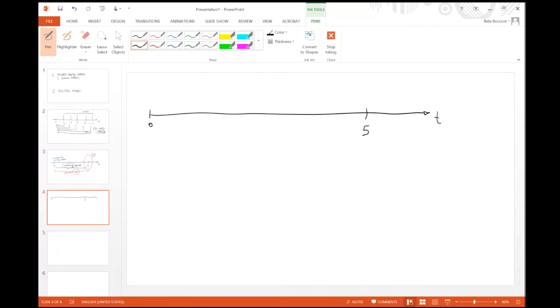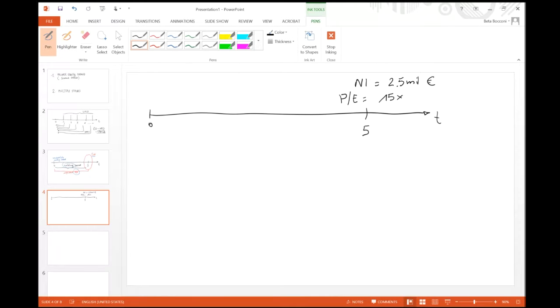We know that in year number 5, the net income of this company is expected to be 2.5 million euros. And we expect to exit the company based on comparable valuations with a price-earning ratio that is 15 times the value of the company.